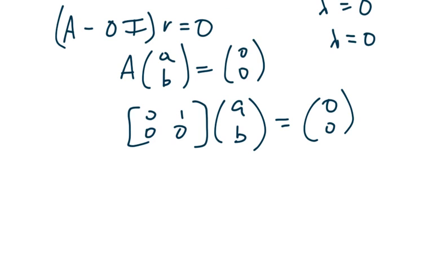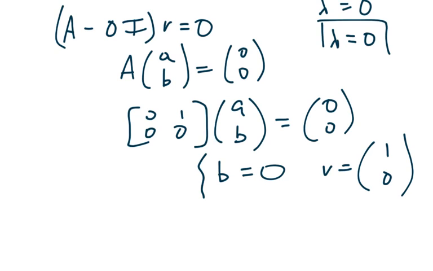And so what this gives us is that 0a plus b should be 0, and this is a very degenerate linear system. It just falls apart into that one equation. And so the eigenvector corresponding to this would be 1, 0.